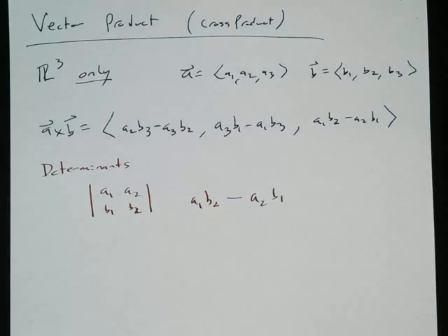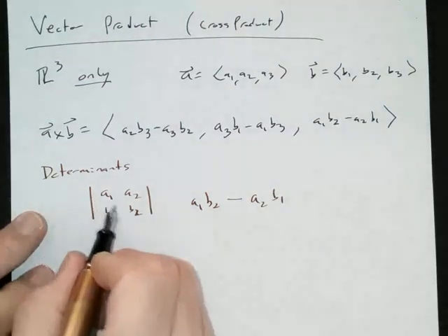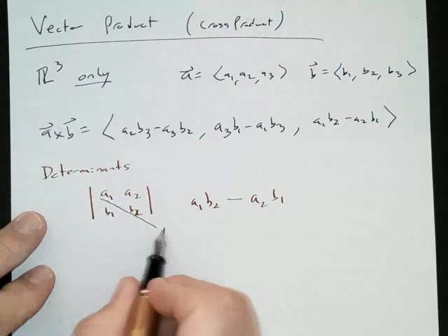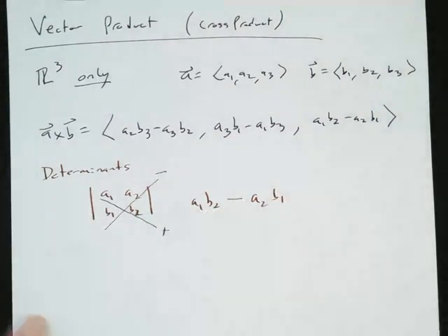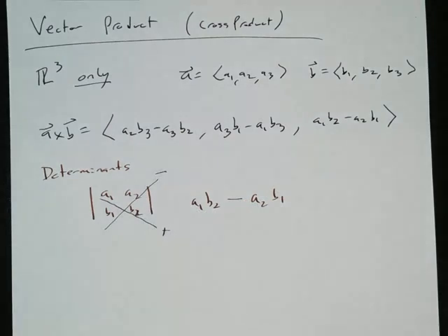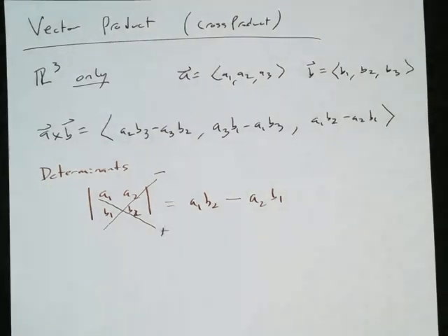Visually, I take these 2 and I take these 2. And I add the product that went down and I subtract the product that went up. Top left times bottom right minus bottom left times top right. That's a single number called the determinant of this 2 by 2.